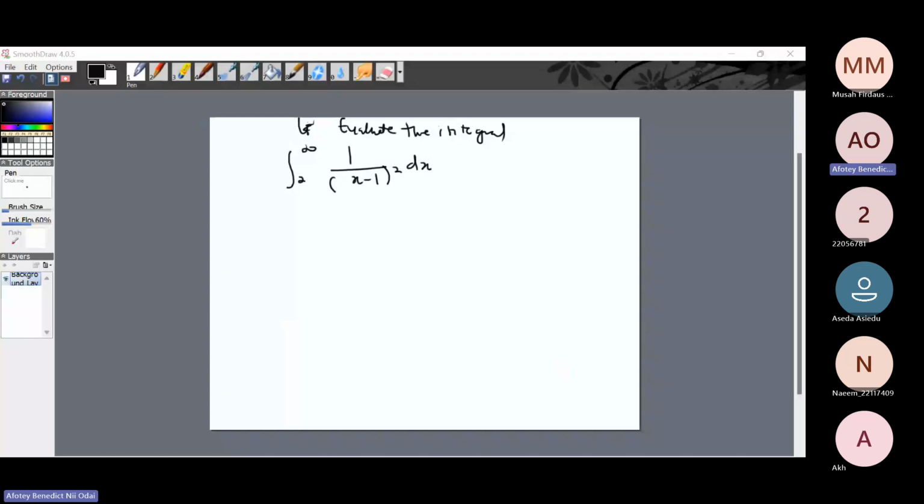So we can't integrate to infinity because we don't know infinity. Infinity is a big number. So what we can do is replace the infinity with a variable.